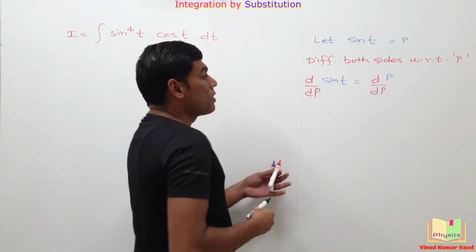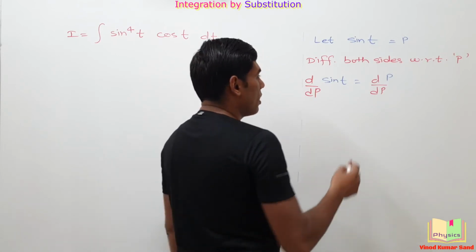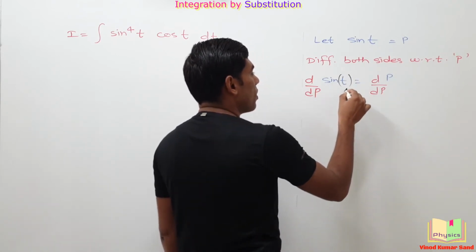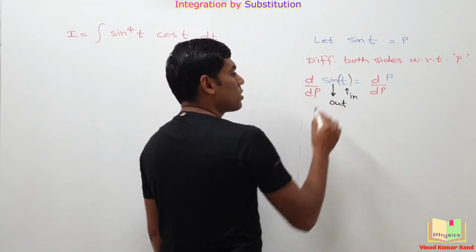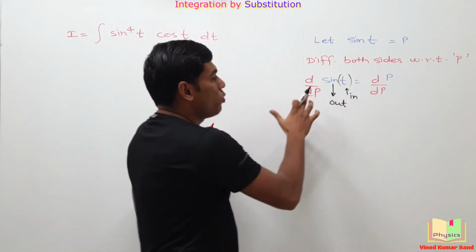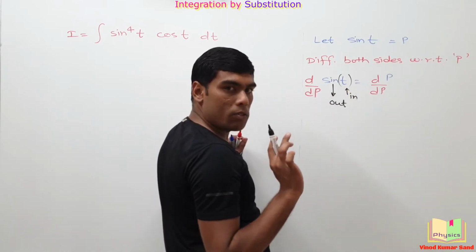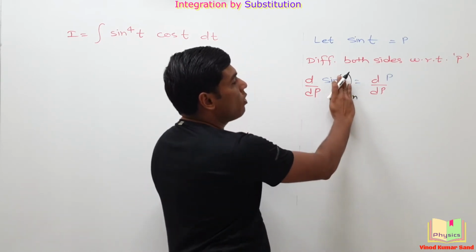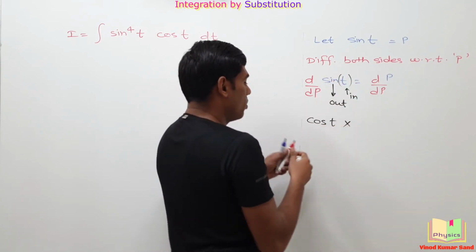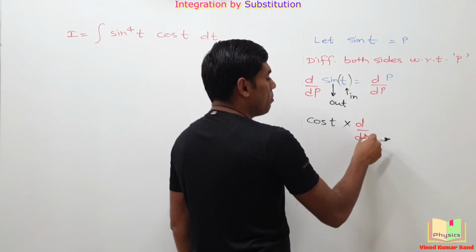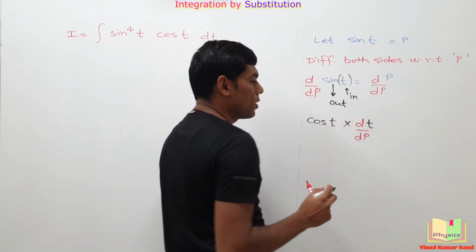Okay. This differentiation will be solved using the outside inside rule. This t is your inside function and this sine is your outside function. So first of all, we'll differentiate the outside function and then we'll differentiate the inside function. Differentiation of sine of something is cos of something into d by dp of the inside function, and your inside function was t.